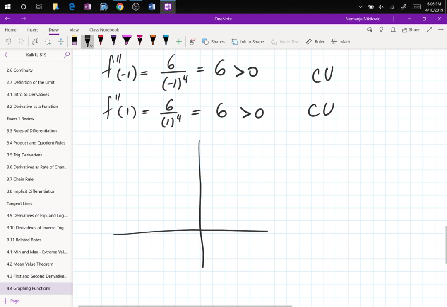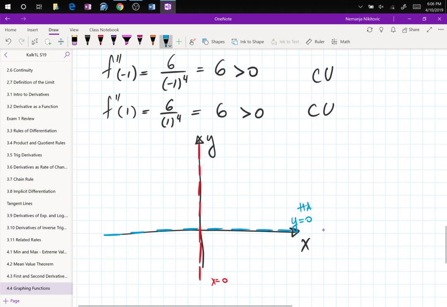You put your x and y coordinate system, and immediately we know that we have a vertical asymptote in red and a horizontal asymptote in blue. So red line is x equal to 0, blue line is y equal to 0.